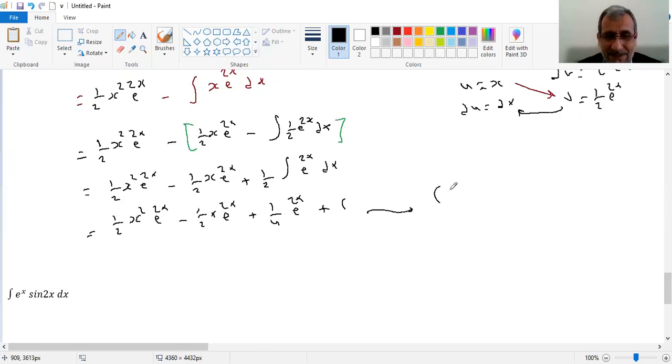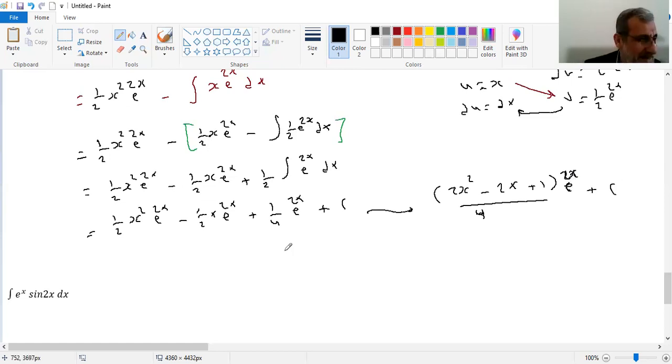So this one will be 2x squared, e^2x is a common factor, minus, there's also 2 by 2 multiply, so it will be 2x and plus 1, all over 4. See, now 2 over 4 is half. 2 over 4 negative half, e^2x plus c. This will be the solution. This will be the answer here.